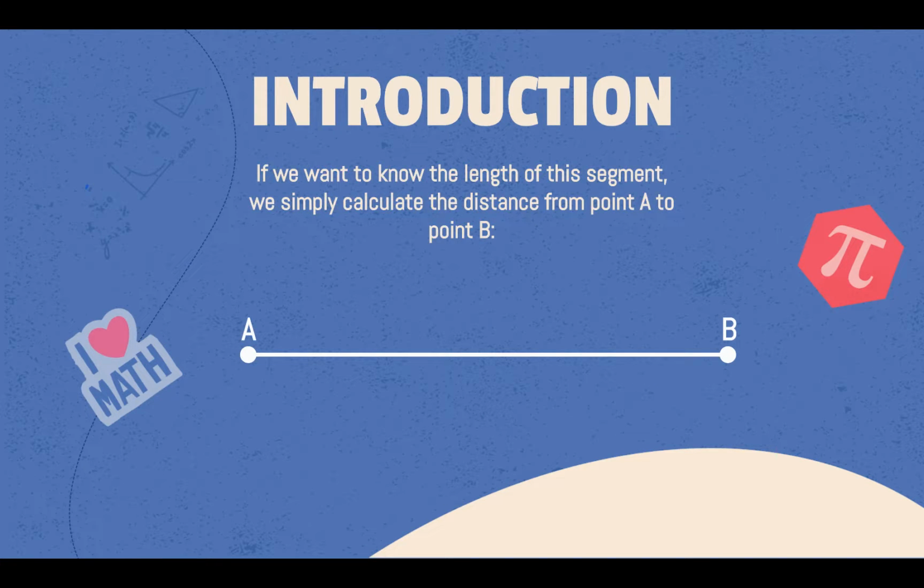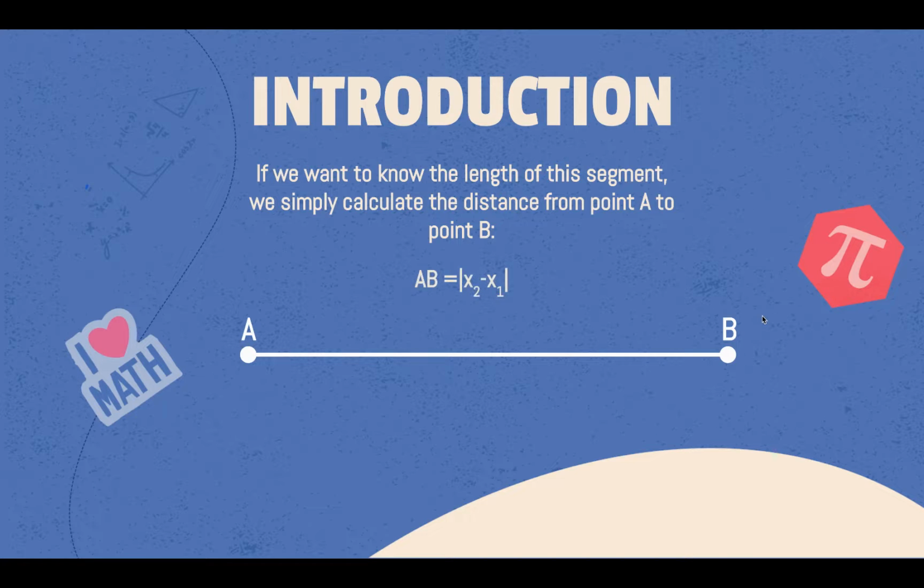Okay, so if we want to know the length of this segment, we simply calculate the distance from point A to point B. Okay, so point A is right here and point B is right here. And if you imagine that these are on the coordinate plane or on the Cartesian plane, remember last year in Algebra 1, you guys learned about the Cartesian plane and you guys did calculations in the two-dimensional Cartesian plane. Well, this is just a one-dimensional line segment.